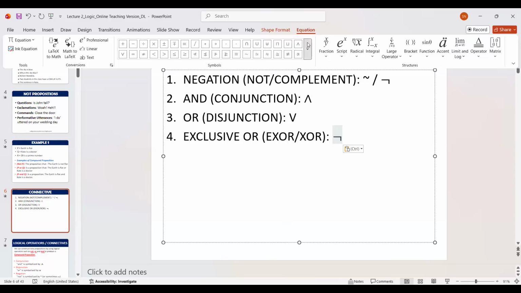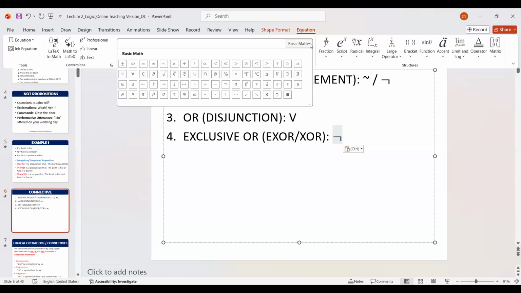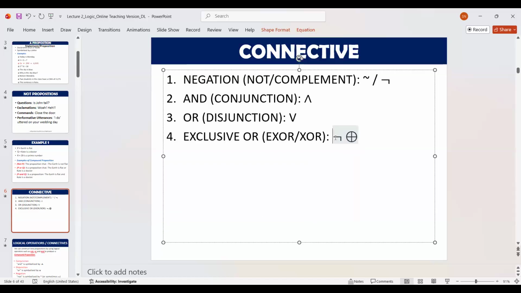I have to go to symbols. It's a circle with a plus inside. I have to look for that symbol. Circle with a plus. Yeah, this one. So that is the exclusive OR symbol.